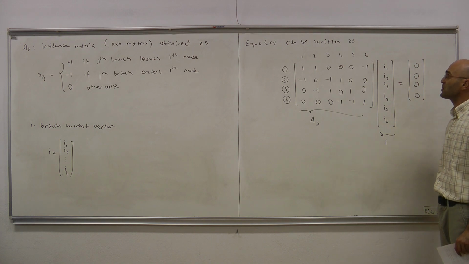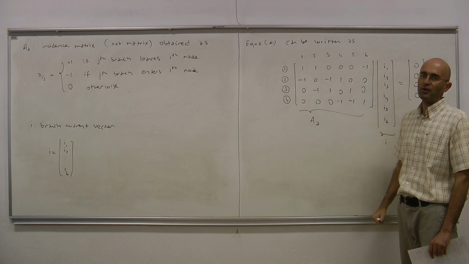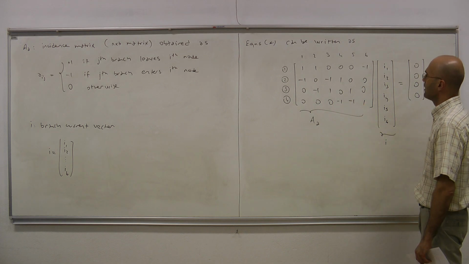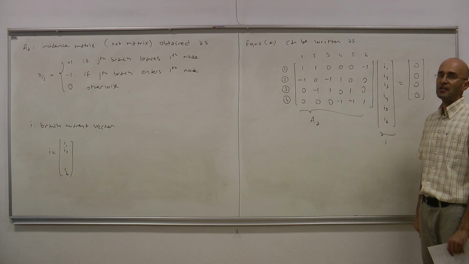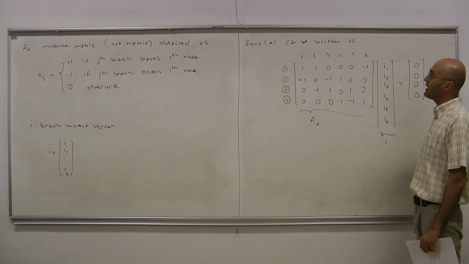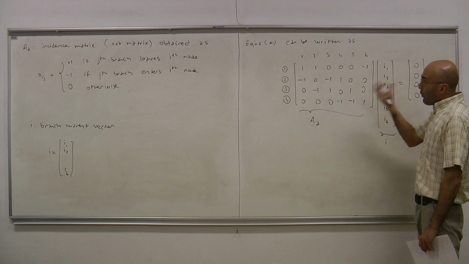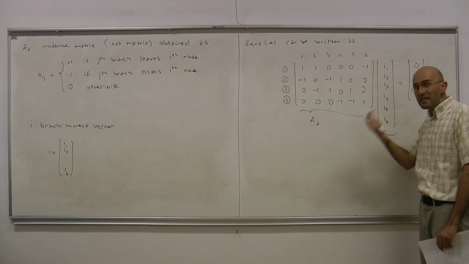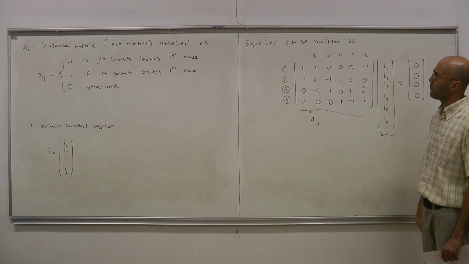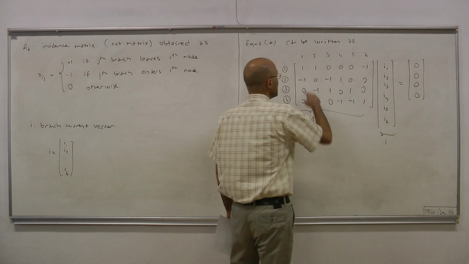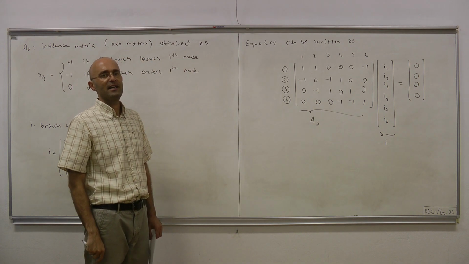Now the question is, is this the most economic way of expressing those constraints imposed on the currents by KCL? It turns out that it isn't. There's a more economic way. There's a minimal way of expressing KCL, and for that, all we have to do is realize that the rows of this matrix are not linearly independent.